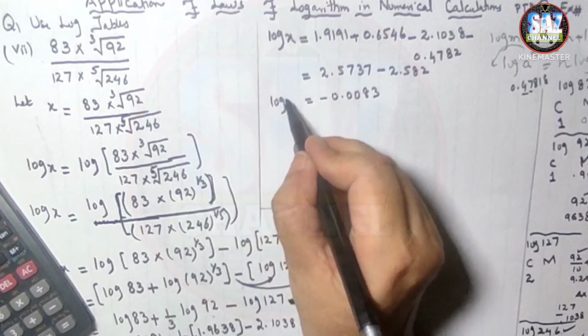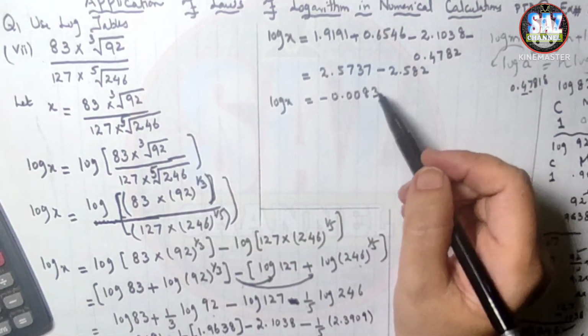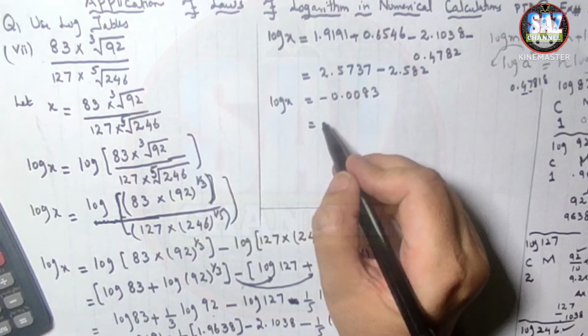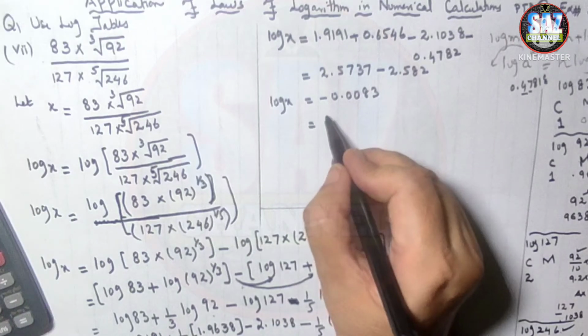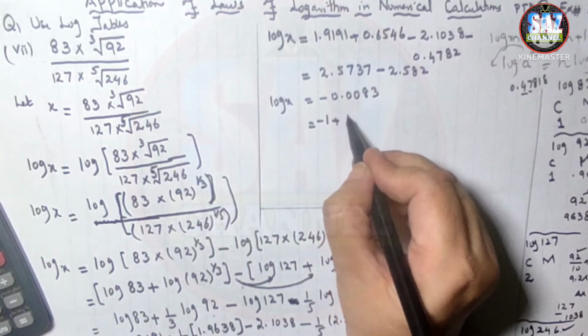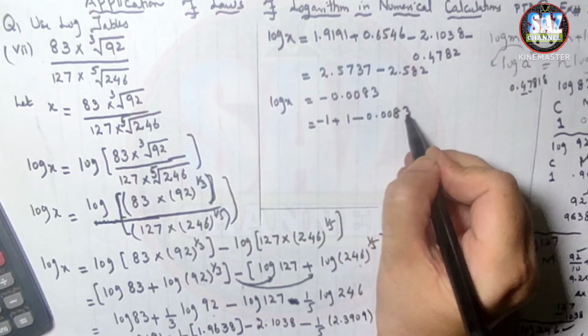Now, as this is a decimal part and it can never be negative, what we are going to do is add the nearest whole number and subtract as well. So it can take the form minus 1 plus 1 minus 0.0083.